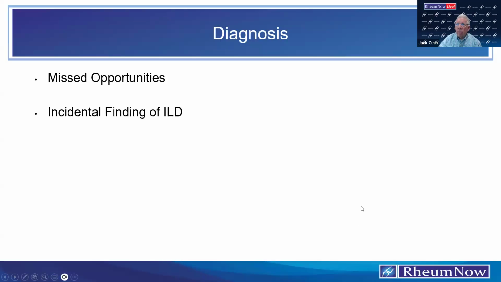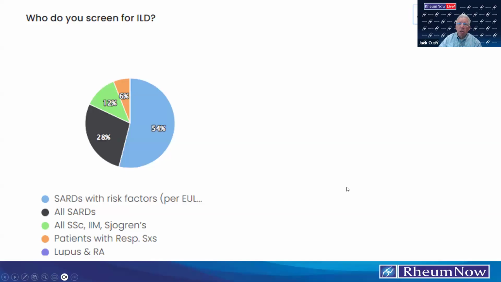So where we begin our questions, I asked the audience, again mostly rheumatologists, who do you screen for an ILD? And the answers were in favor of SARDs, that's systemic autoimmune rheumatic diseases.